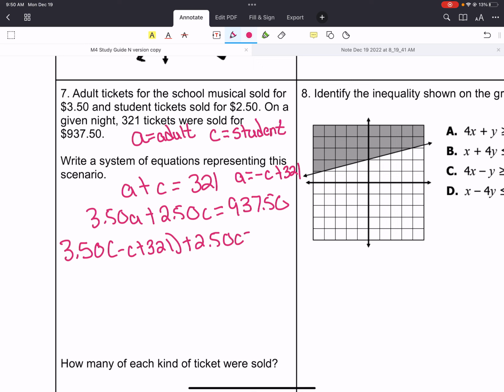Copy the rest of it down. So that's negative 3.5c, and then 321 times 3.5 is 1123.5.